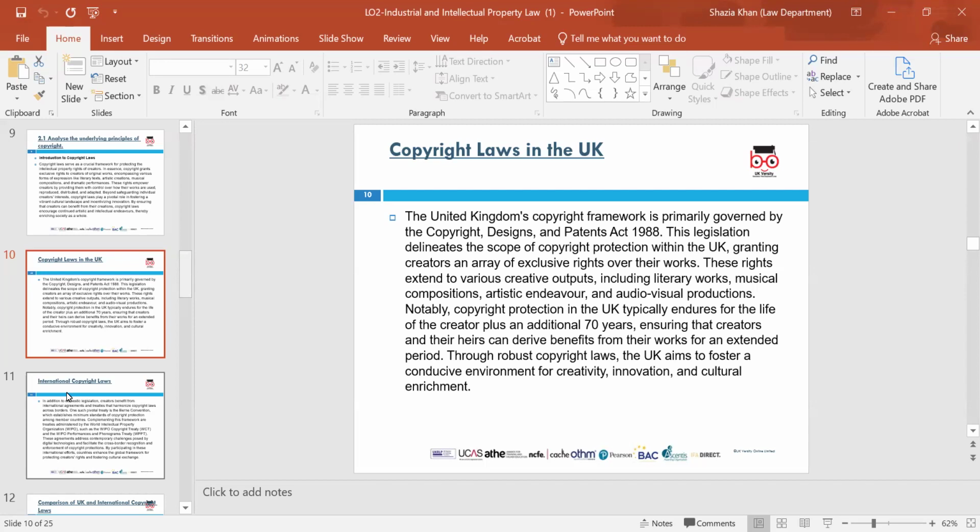A copyright owner is advised to mark copyright material when it's published with the international copyright symbol, which is a C, followed by the name of the copyright owner and the year of publication. While this copyright notice is not necessarily a requirement in the UK, it may assist a copyright owner in the event of infringement proceedings, which we'll look at later on. It will also be necessary if a copyright owner wishes to enforce their copyright in certain foreign countries.